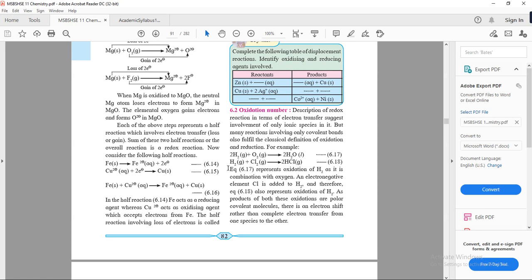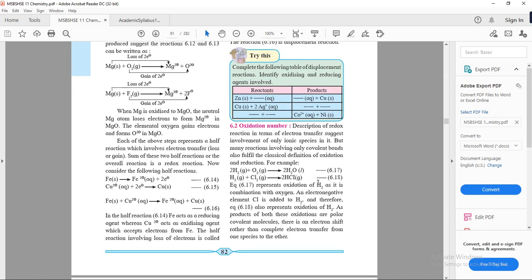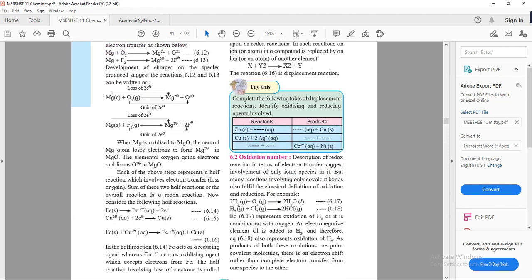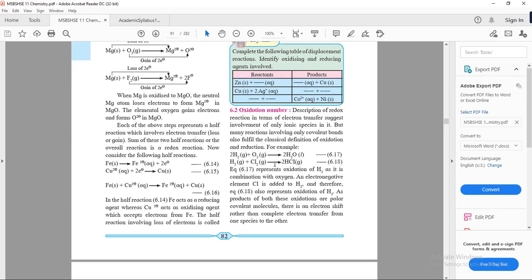For example, H2 and Cl2, this is a displacement, you can say. Formation of a polar covalent bond. In a displacement reaction there is a replacement of one element by another element, like this reaction: H2 and Cl2, so HCl is forming.